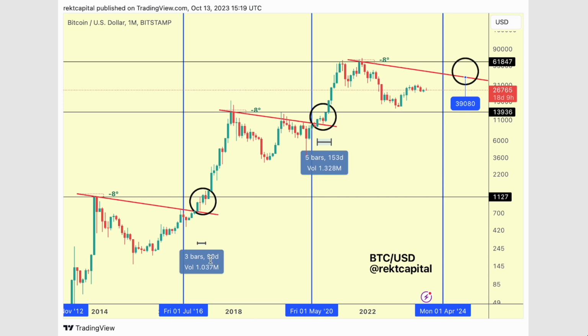Because after the July 2016 halving, we saw 90 days, and here we saw 153 days. So what if we can see anything closer to potentially 190 or even 200 days after the halving?